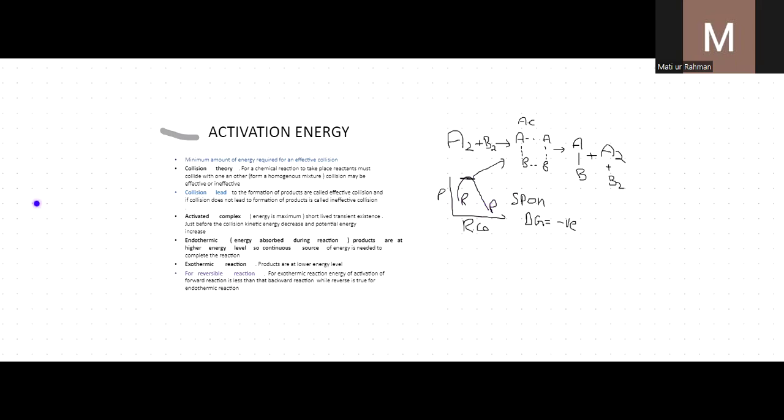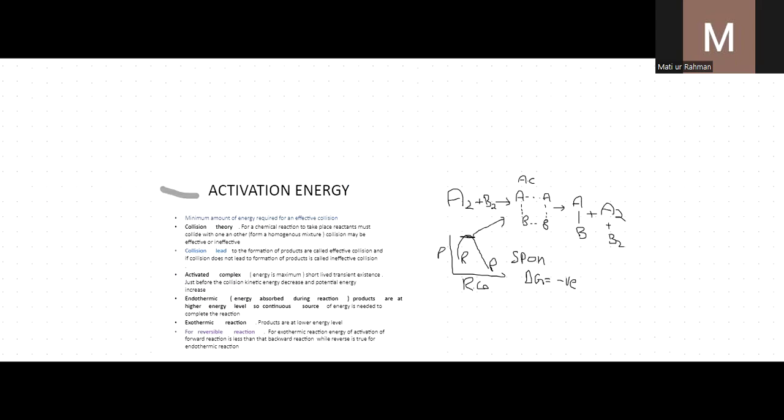So what does thermodynamics say? Thermodynamics says if the products are at the lower energy state and reactants are at the higher energy state, then reactants spontaneously convert into products by releasing energy. According to reaction kinetics, we must provide a little energy to the reactants to climb up this barrier, and then they convert into the product.